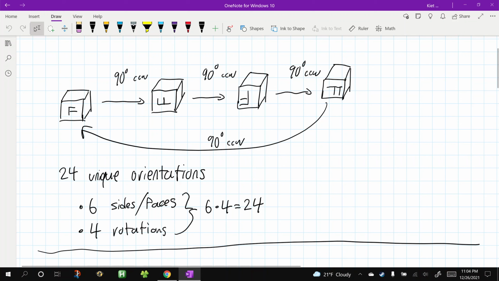This is an example of how the 4 rotations could look. If it was facing this way, then we could have a 90-degree turn counterclockwise like this, another 90-degree turn like this, and so on. So since there are 6 sides, and for each side there can be 4 rotations, in total there are 24 unique rotations.